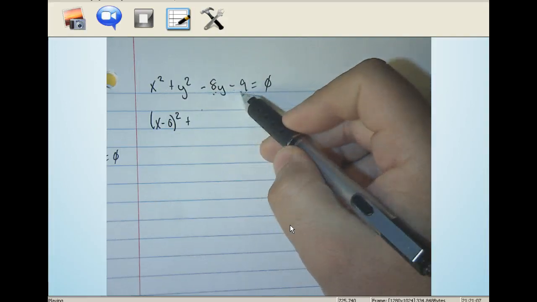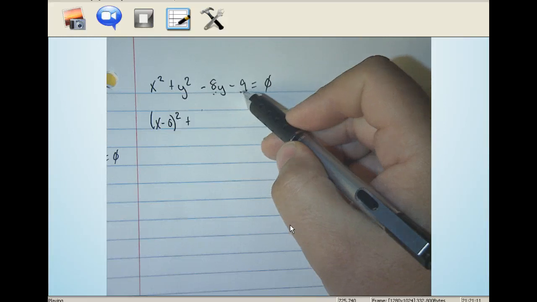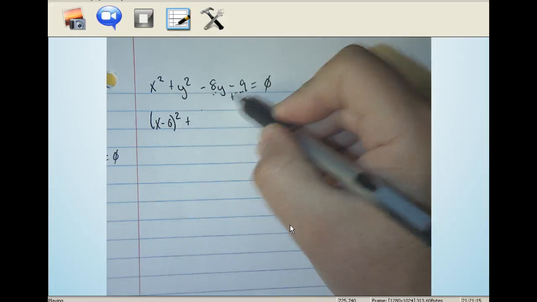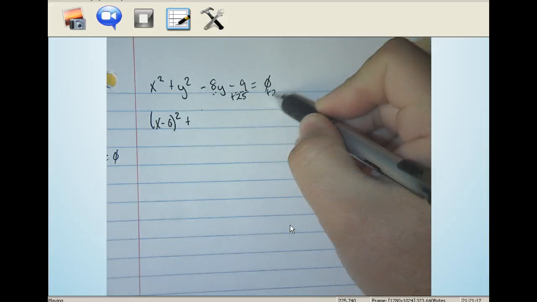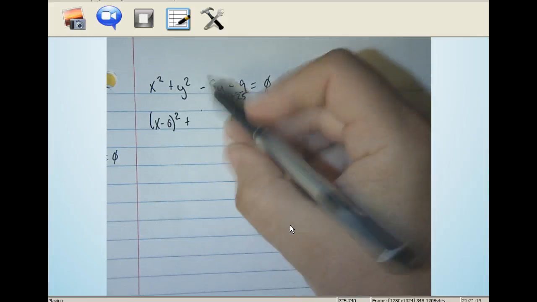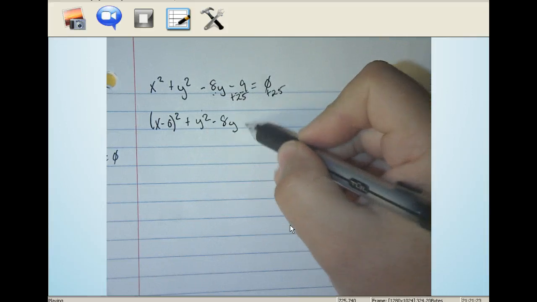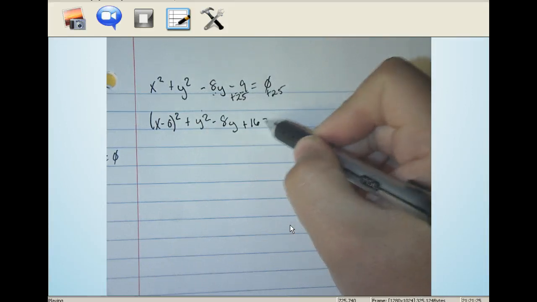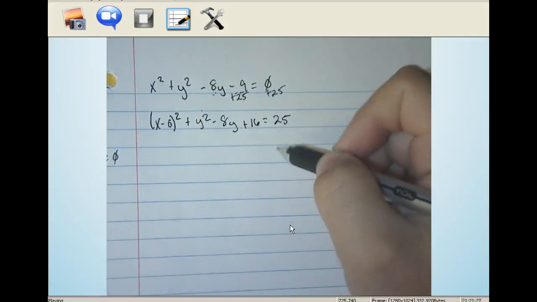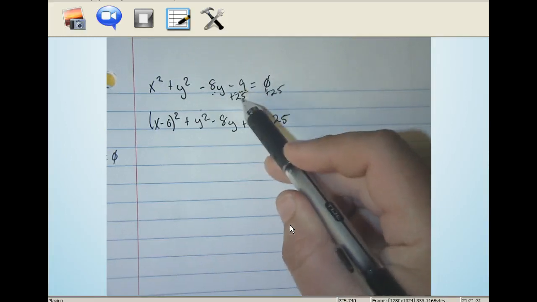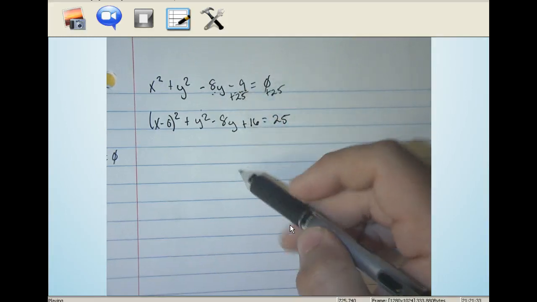And I square negative 4, I get positive 16. So I've got to add in enough to go from negative 9 to positive 16. So I'll add in 25 to both sides. And that would give me y² − 8y + 16 = 25. That's minus 9 plus 25 equals plus 16.